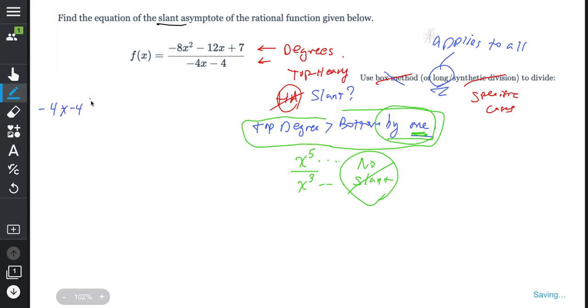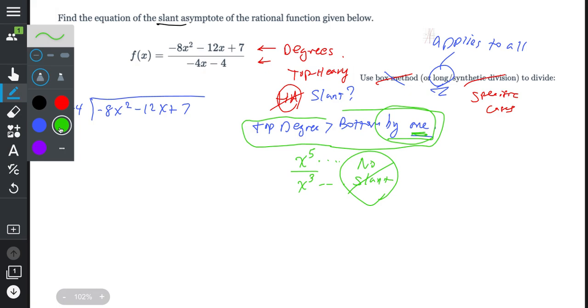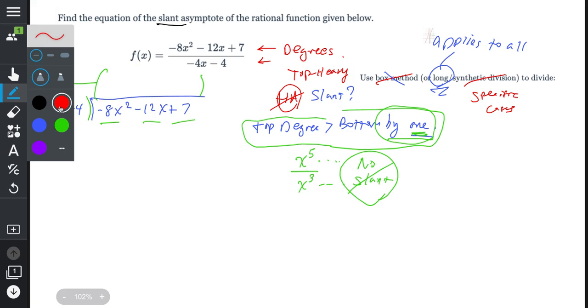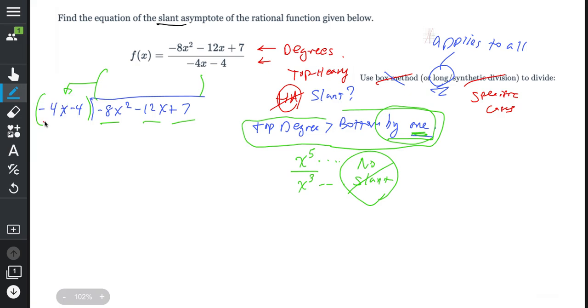Negative 4x minus 4 goes into, or divides into, this trinomial. Now remember, we're looking for something up here that multiplies to this here so that we get this. Therefore, your very first question, this is a refresher, is this times what will get me this?